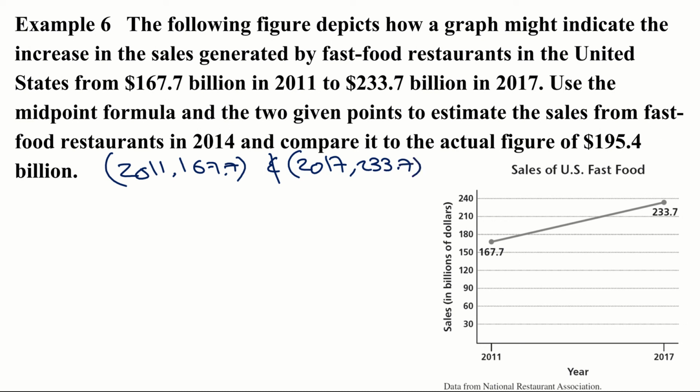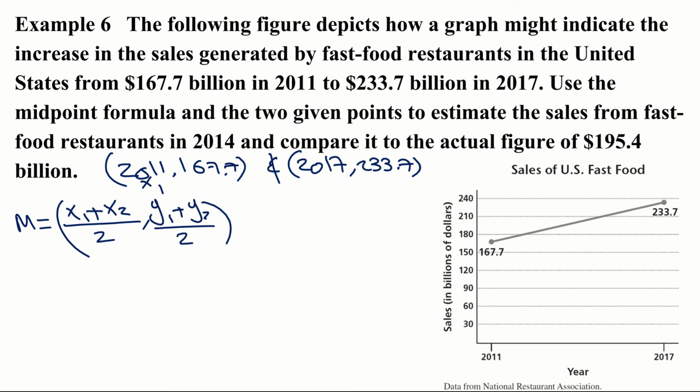Okay, so applying the midpoint formula, which again, it's helpful to write it down before you just plug in. So we get x1 plus x2 over 2, comma, y1 plus y2 over 2. Here we'll let this be x1, y1, and this be x2, y2.